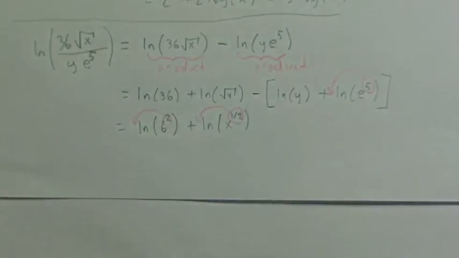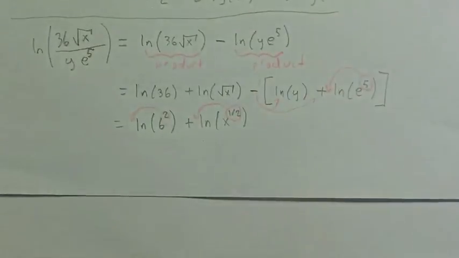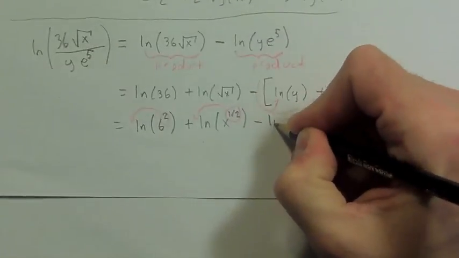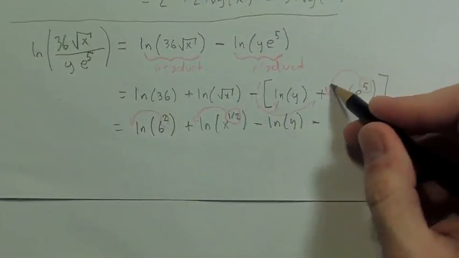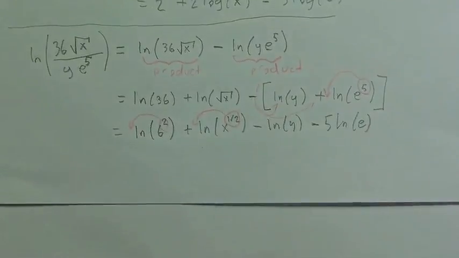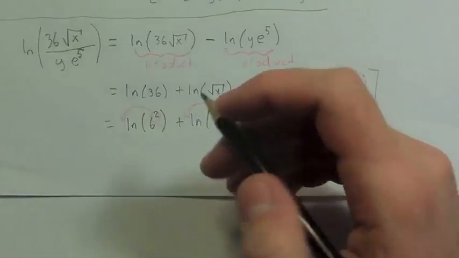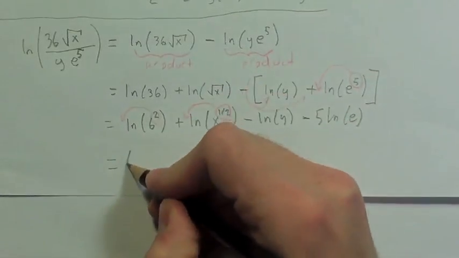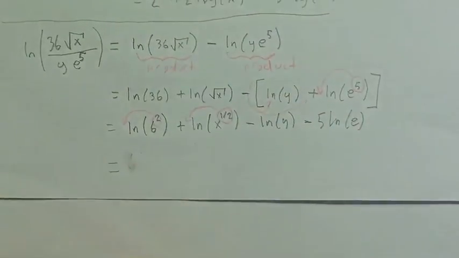Okay, so I'll go ahead and also distribute this negative across so that I get minus natural log of y, then minus, I'm going to go ahead and bring that 5 out too, 5 ln e. Okay, so we get here 6, nope, sorry, not 6 on the outside.